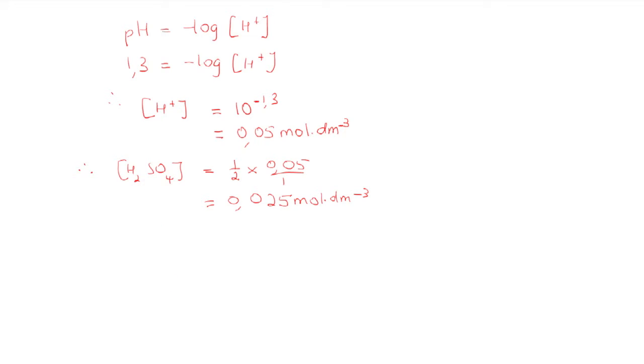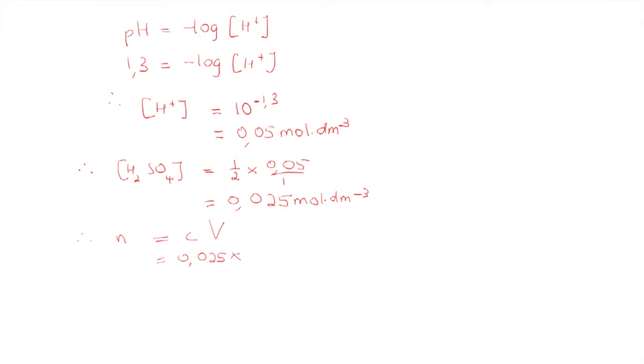If you've got concentration, now we can use the other formula, n is equal to CV. That is what we are going to do. The number of moles of H2SO4 is CV, and you just found C, 0.025. The volume was 500 cubic centimeters. Do not forget that concentration is in cubic decimeters, which means the volume needs to be in cubic decimeters as well.